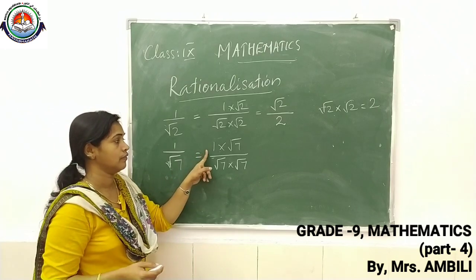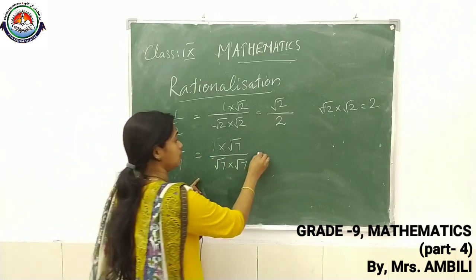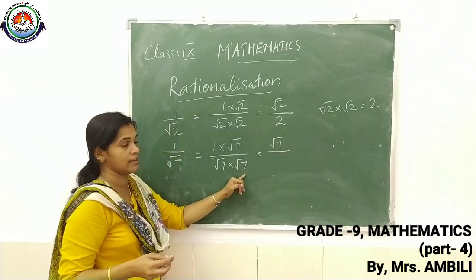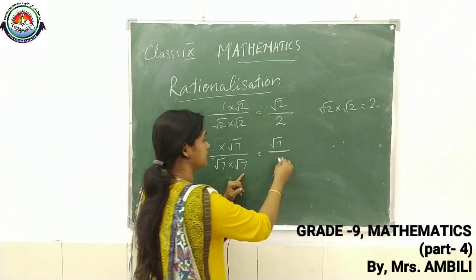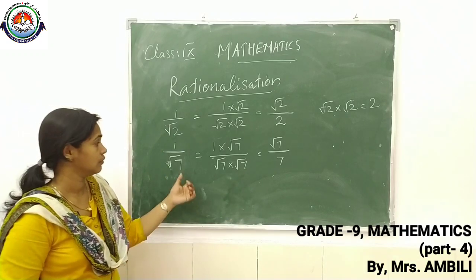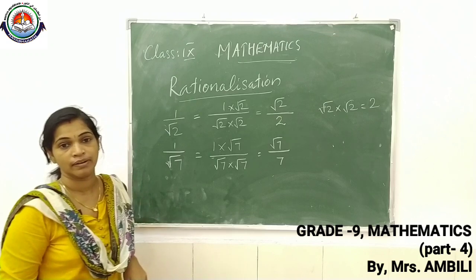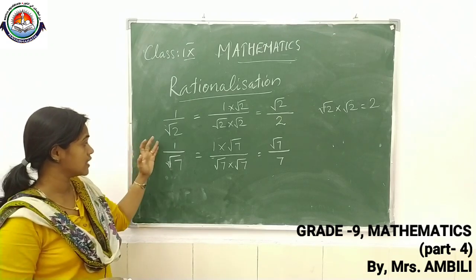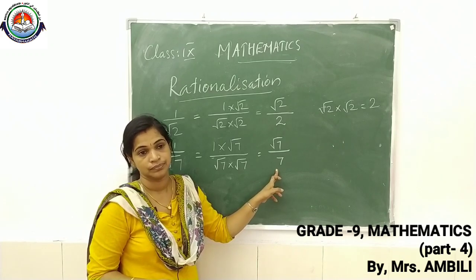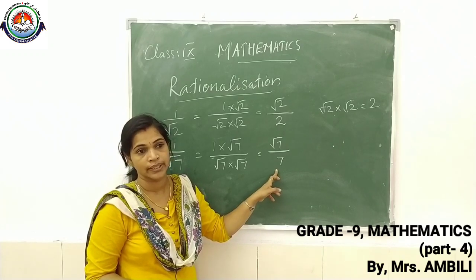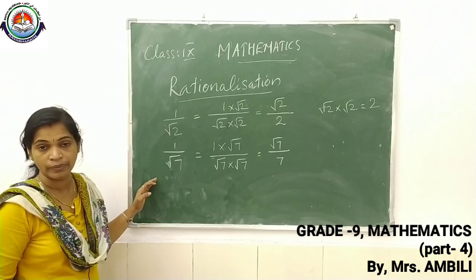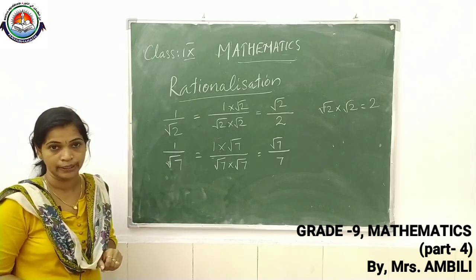We get 1 into root 7, equal to root 7, divided by root 7 into root 7, that is 7. So the answer is root 7 by 7. We changed 1 by root 7 into root 7 by 7. Clear?